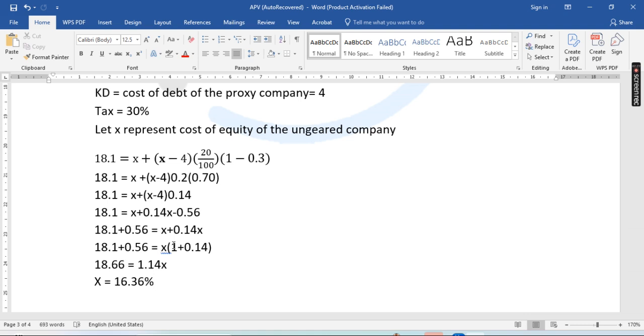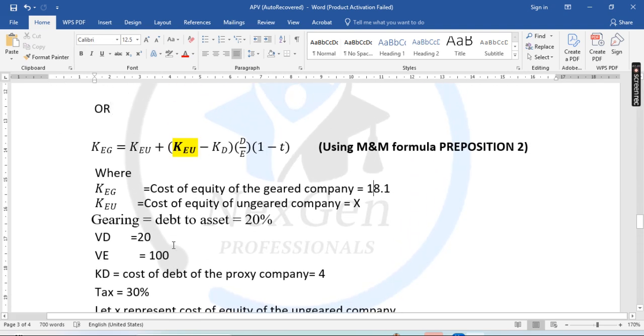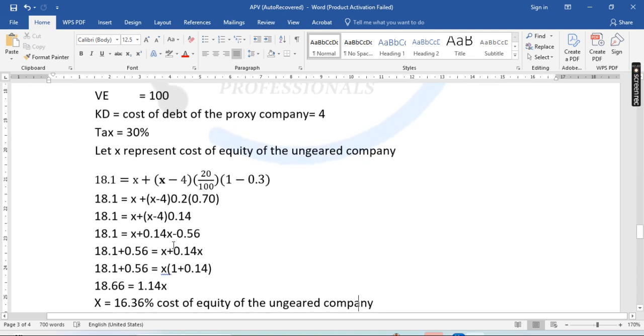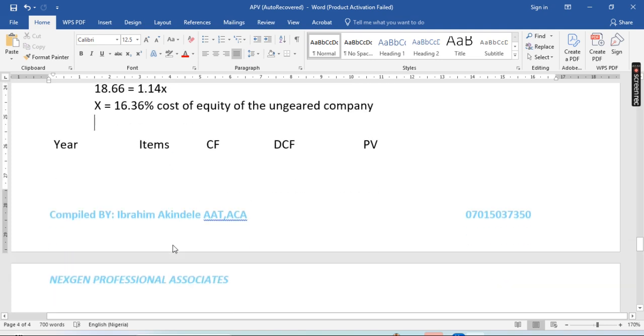So you can see now this is the cost of equity of the ungeared company. Dear professional colleagues, you can see either you use the Modigliani and Miller assumption or you go by that route and get your discount rate that you will use to discount your base case NPV.